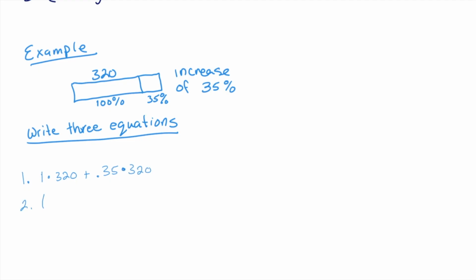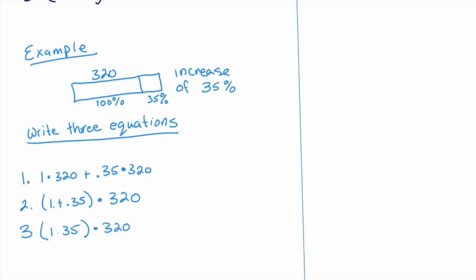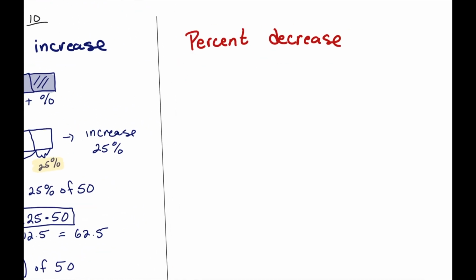The second one is going to be bringing just the percentages together. So that's my 100% plus 35% of 320. And my third one is going to be combining those. So I have 135% of 320.